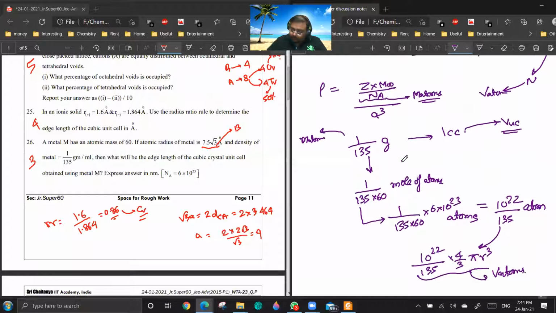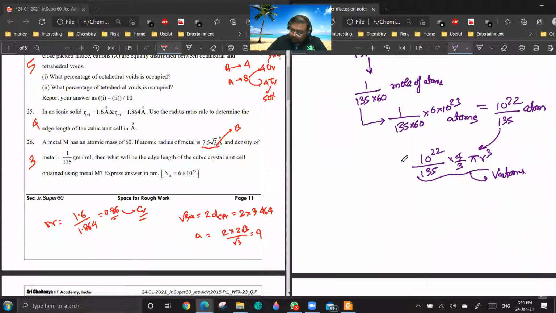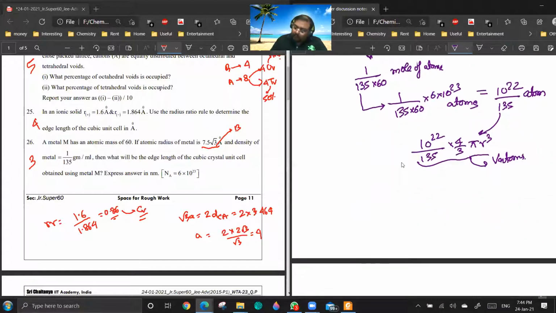You see, what is the packing fraction? Packing fraction will be volume of atoms by volume of unit cell. Yes or no? What is the volume of atoms? It is 10 to the power 22 by 135. Volume of unit cell is 1 cc.